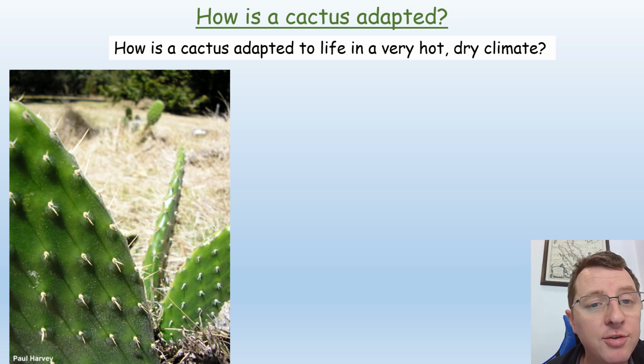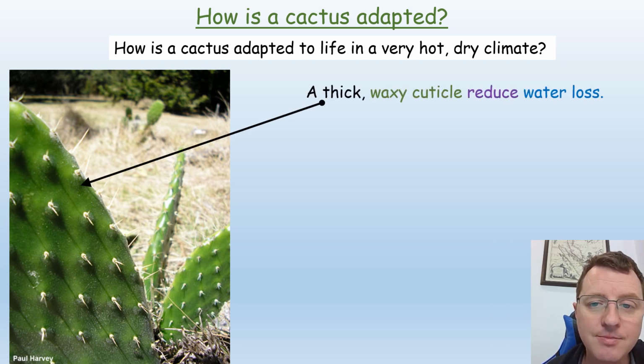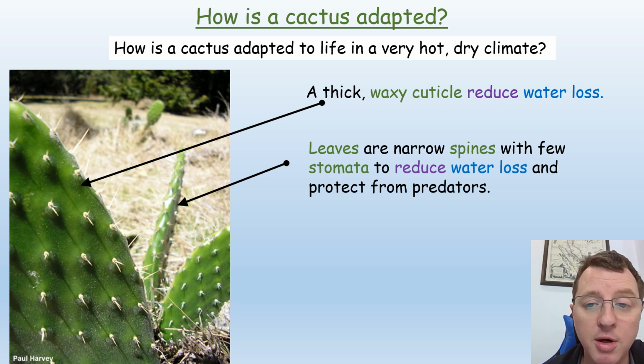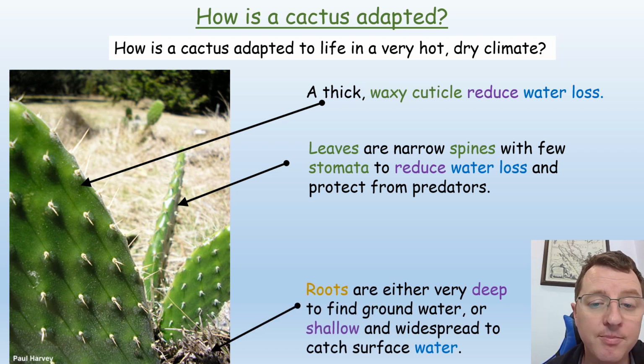But a more classic example of a plant that lives in a very dry area without much water is the cactus. And cactuses have a waxy cuticle that reduces water loss. That's one of their adaptations. Their leaves are narrow spines with very few stomata, again to reduce water loss and protect them from predators.